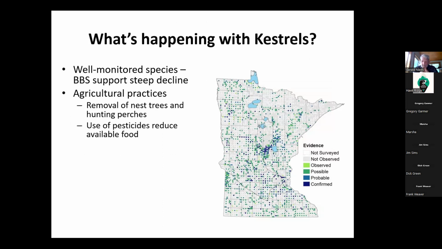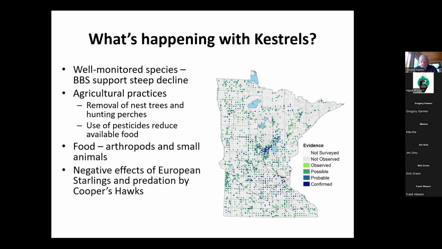Like the red-tailed hawk, they need nest trees and hunting perches, and use of pesticides has certainly reduced the available food sources for that species. They forage on large insects and small animals, both birds and small mammals.